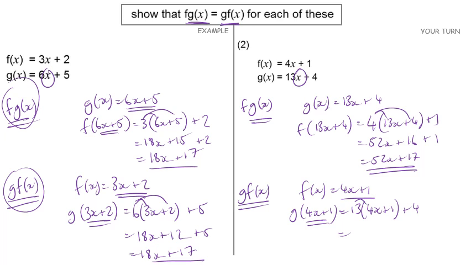Tidy it up. Remember this plus 4 on the end here. And so again, we get 52x plus 17. We've shown that f of g of x here is equal to g of f of x here.